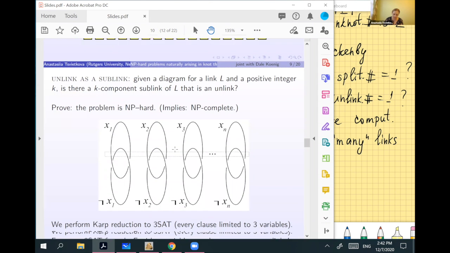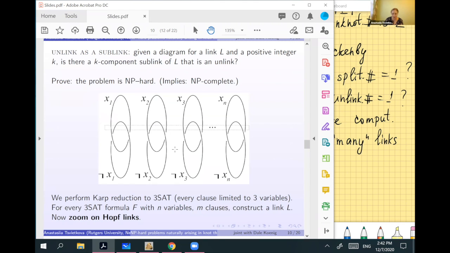So first problem, maybe not such an interesting problem by itself, but it will help me build up to the unlinking and splitting number problems. This is unlink as a sublink. Given a diagram for a link and a positive integer k, is there a k-component sublink of our link that is an unlink?